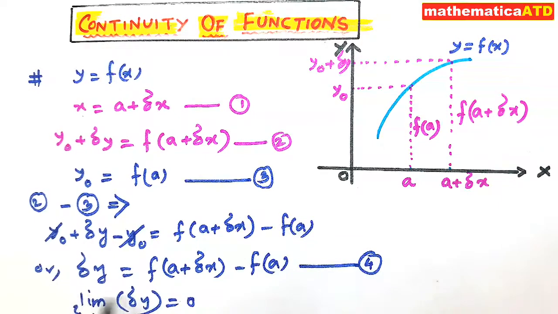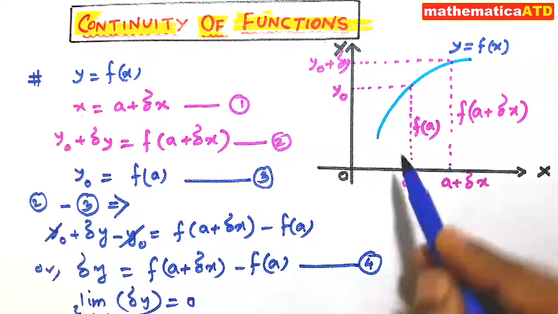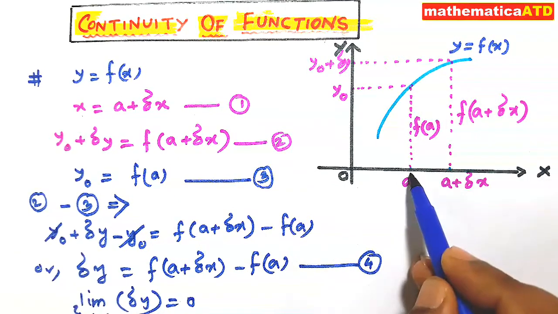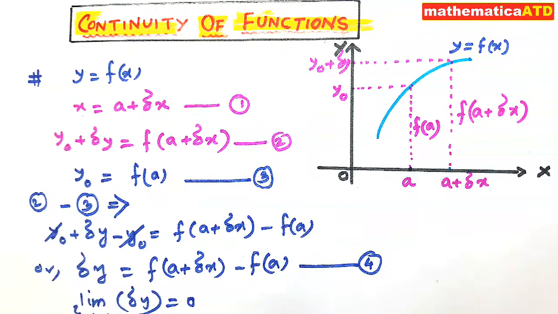This is very, very important. Again I repeat, this function y is equal to f(x) is continuous at the point x is equal to a if limit delta x tends to 0 of delta y is equal to 0.